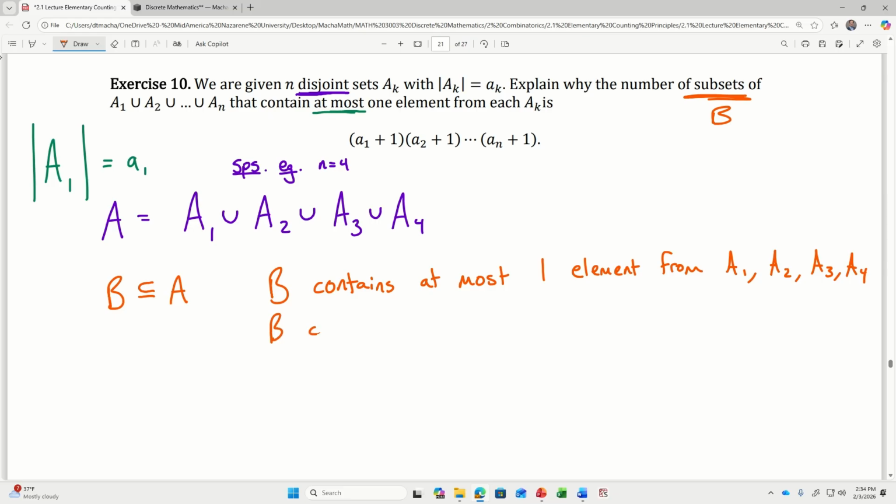In other words, B contains either 0 or 1 element from each of those, right? That's what at most means.